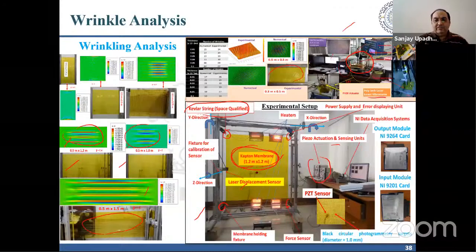We have even studied some thermal effects. In summer we put some heaters, and we increased our lab temperature to around 70 to 80 degrees centigrade with the help of this heater, and we measured the wrinkles also.